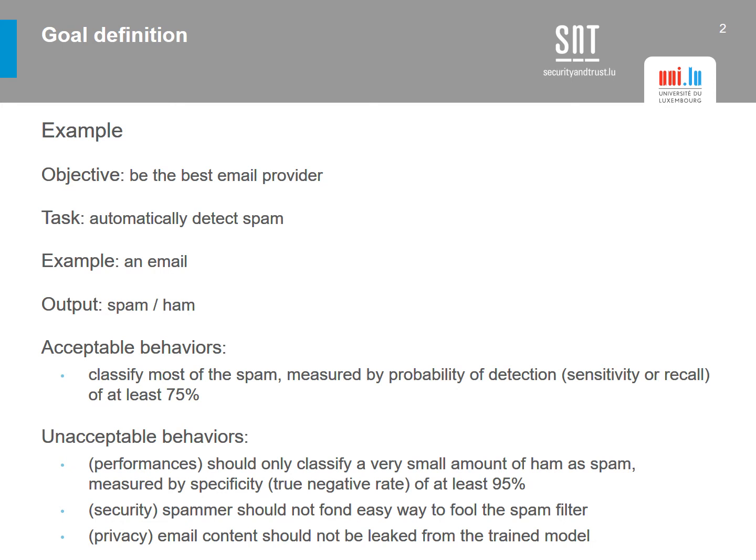So, what will be an output? What will be an input to the machine learning model is an email, and the output will be whether it's a spam or not. An acceptable behavior, or we can say that if my model classifies most of the spam as spam emails, then it's good. So we can measure the classification of the spam and can consider that an acceptable probability of detecting a spam should be at least 75%.